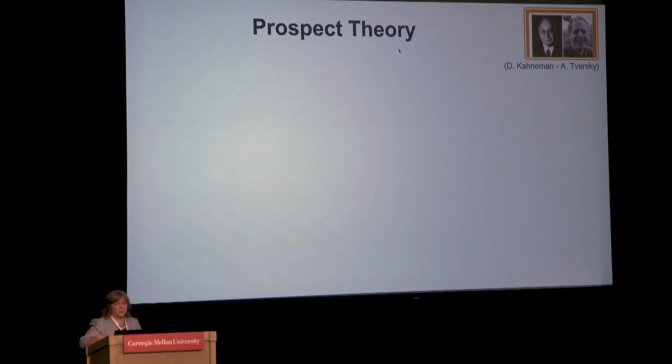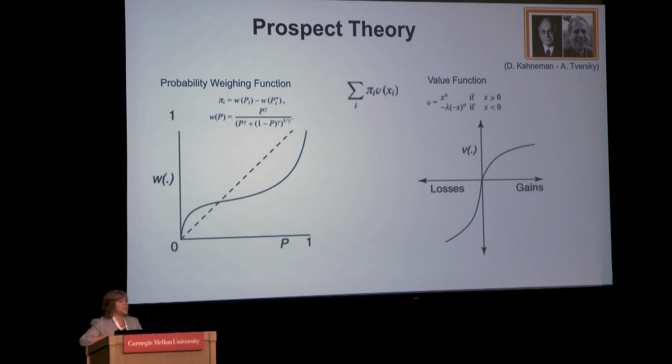So prospect theory, which is up to today one of the most well-known theories of risky decision-making, essentially transforms this utility function and the value function. Essentially proposing that humans don't perceive probabilities in exactly the way they are in nature. Rather, humans overweight low probabilities and underweight higher probabilities.